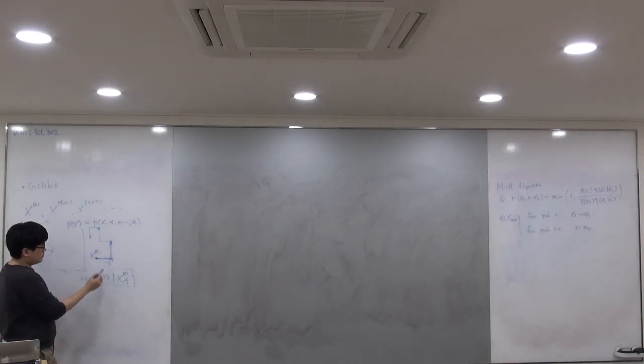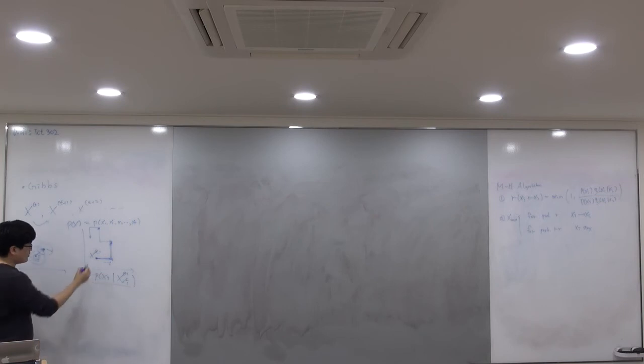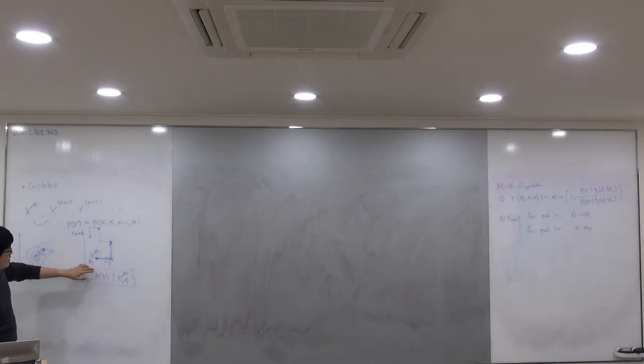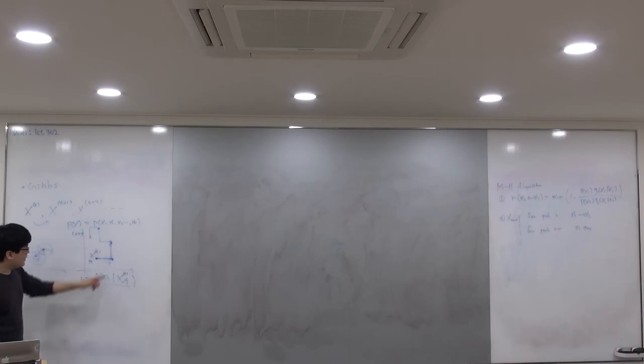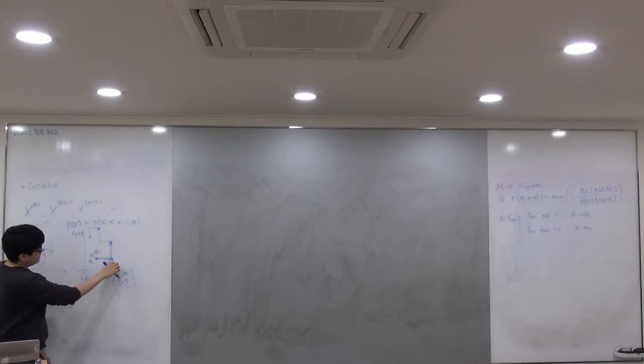So you take this again and again. You start from here, let's say it's a 100-dimensional space, and keep the other 99 features the same, and just sample the first dimension, and you have moved to this one. Then fix another 99 and move this way.